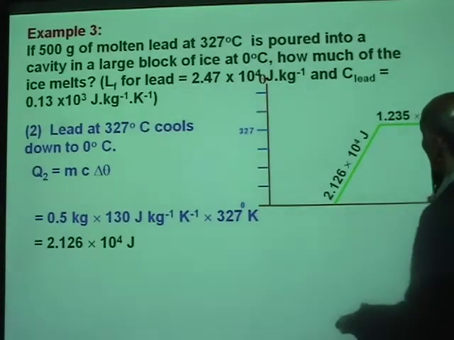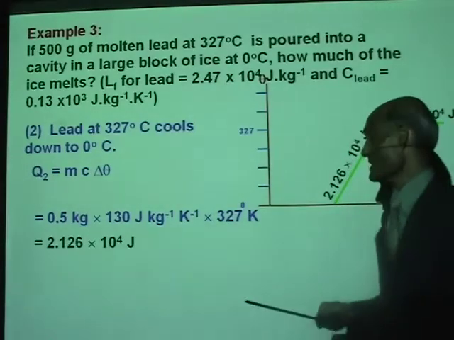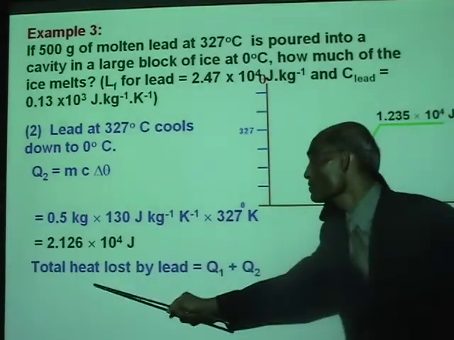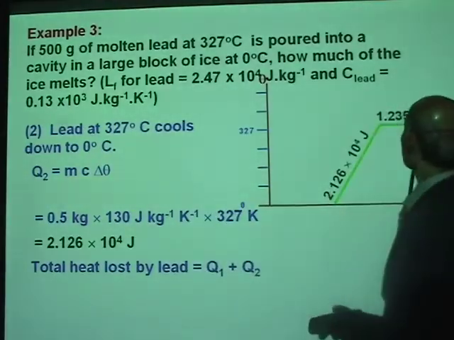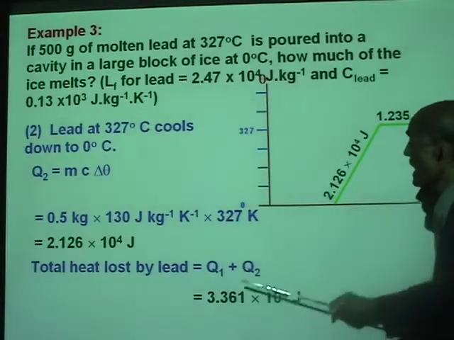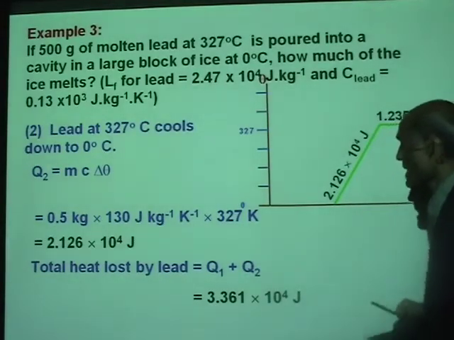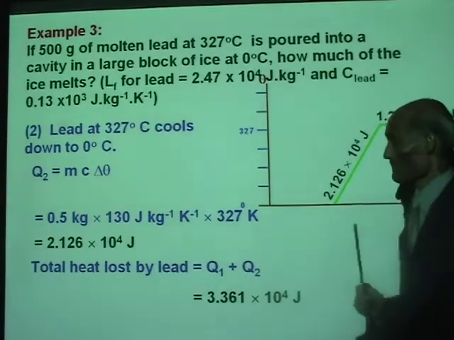And now, this is the total amount of heat given up or liberated by lead. What is the total heat lost by lead? It is Q1 plus Q2, and you add them together. I got 3.361 times 10 to the 4. I want you to check this on your own.